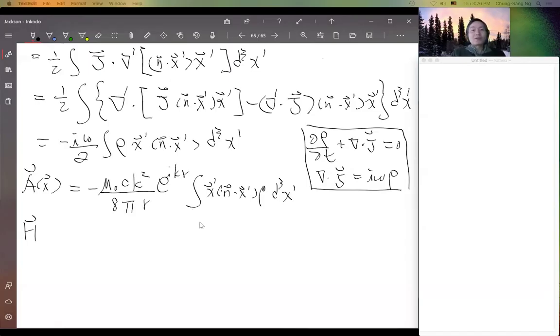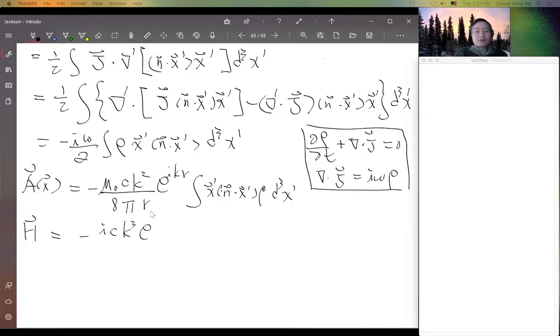Okay, so what we'll get is this: the curl becomes a gradient of this one crossed into this one, and the gradient of this one gives you i k n crossed into this one. Okay, so H will be, now just copy everything, divided by mu zero, which cancels with this, so you have minus i. Now you have a k, adding up, maybe k cubed.